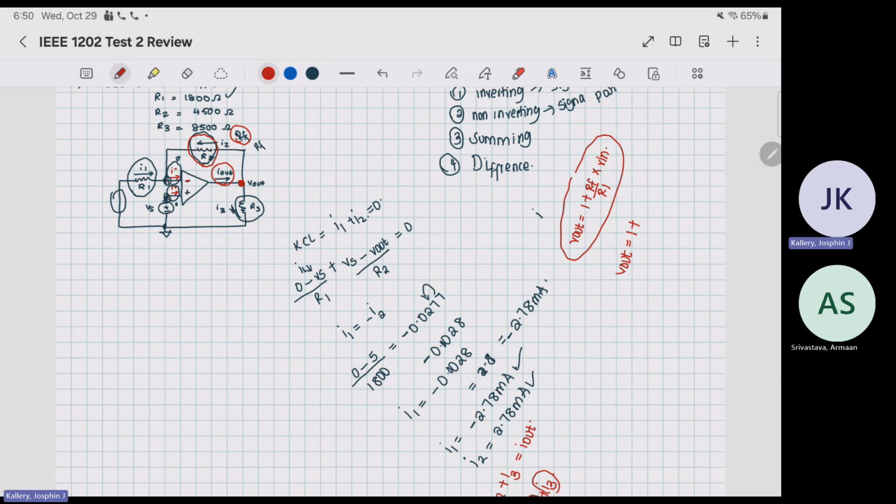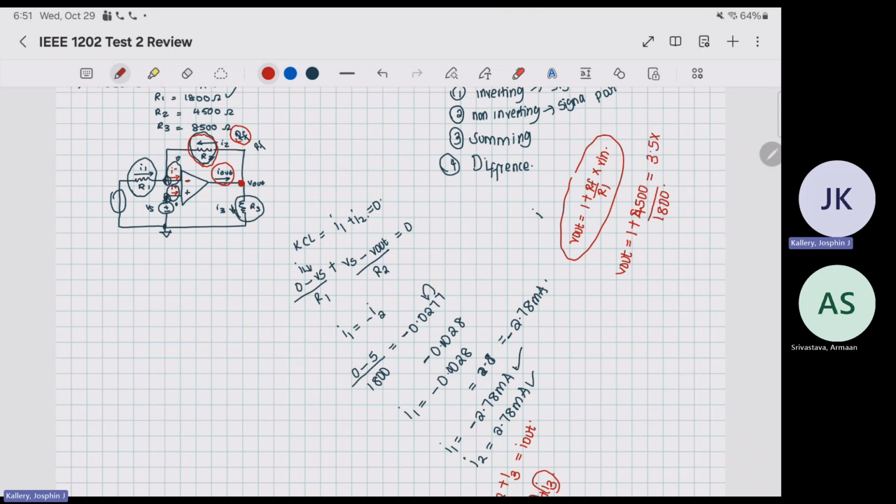So we take 4500 over R1, which is 1800, and that gives us, using my calculator, 1 plus 4500 over 1800, which gives us 3.5 times V in.